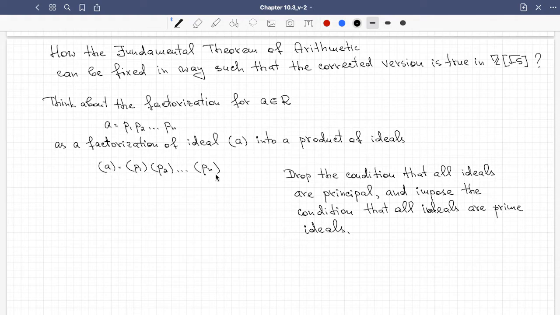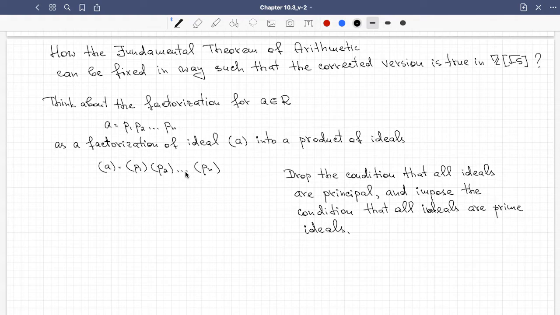And now we look at this decomposition. It may happen that our irreducibles do not generate prime ideals. These ideals are not prime ideals. Continue decomposing. Maybe this ideal, which is a principal one, becomes a product of two prime ideals, or several prime ideals, and so further.